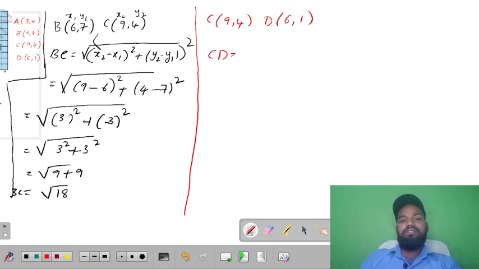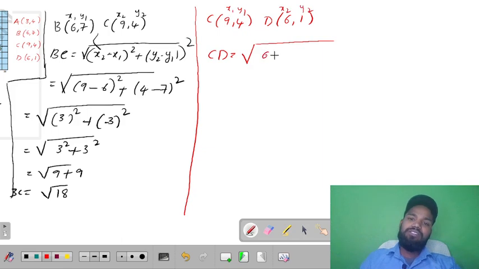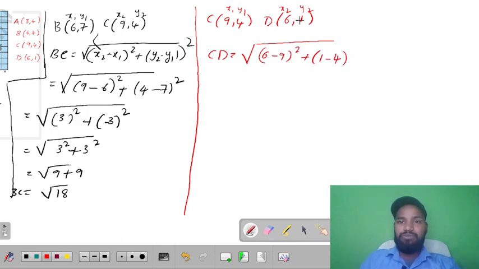Now CD equals under root, this is x1, this is y1, this is x2, this is y2. x2 minus x1, 6 minus 9 whole square, plus y2 minus y1. What is y2 here? y2 is 1. And y1 is 4. So y2 minus y1 is 1 minus 4.